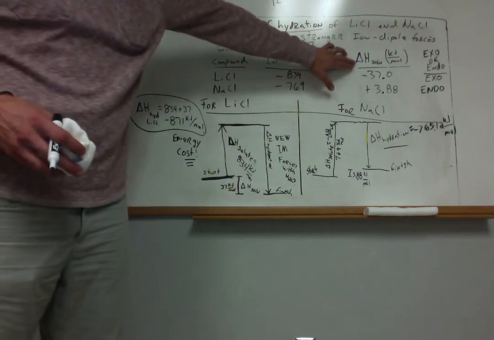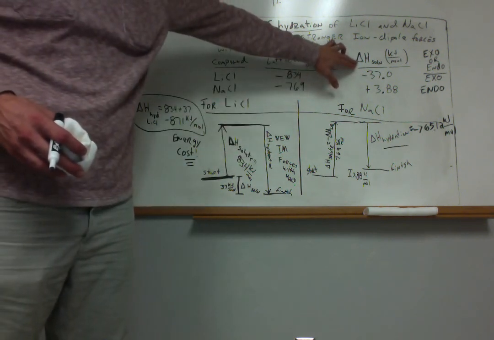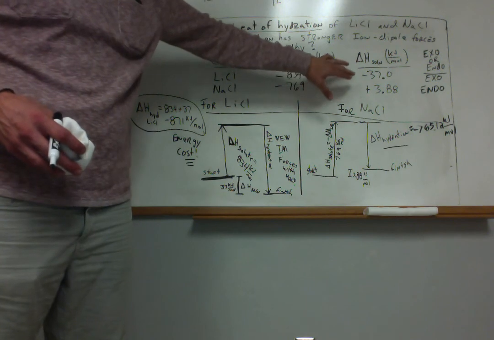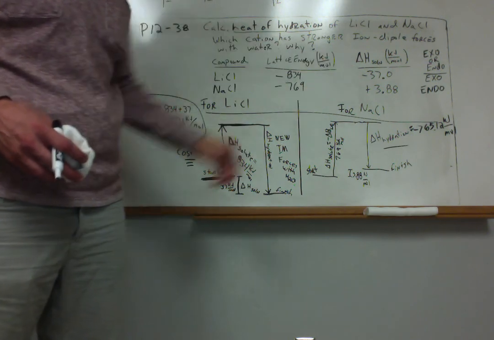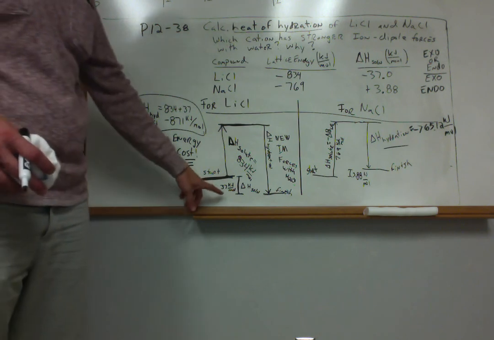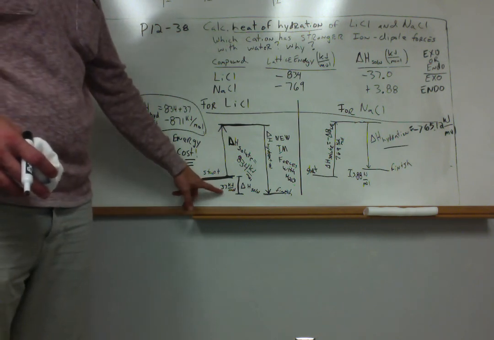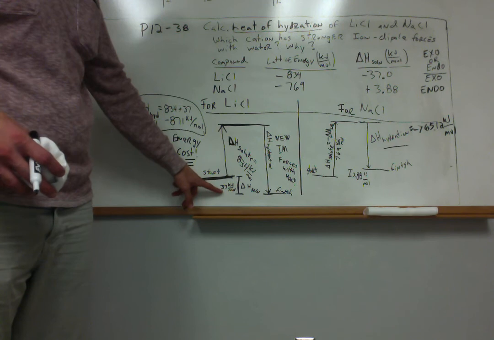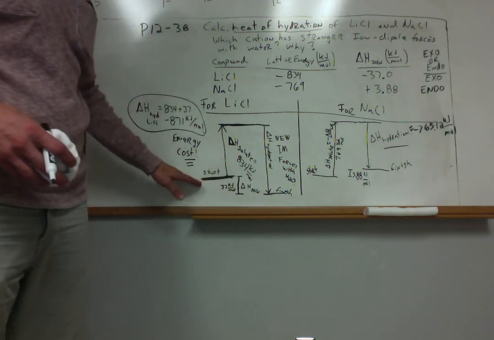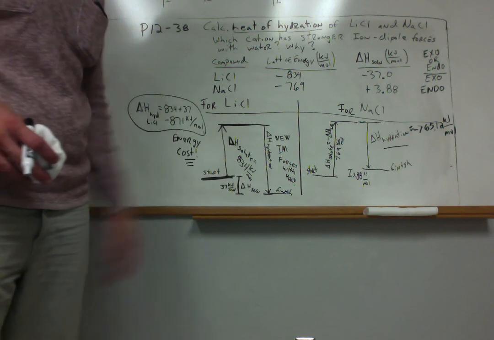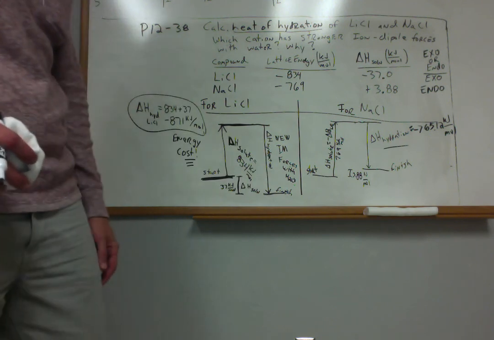This delta H solution, or the enthalpy of solution, is the balance between the two. It's the net change between these two interactions. In this case, the reaction was 37 kilojoules per mole exothermic. We ended at a lower energy than where we started, okay? Because the intermolecular forces must be very, very strong there to make that happen.